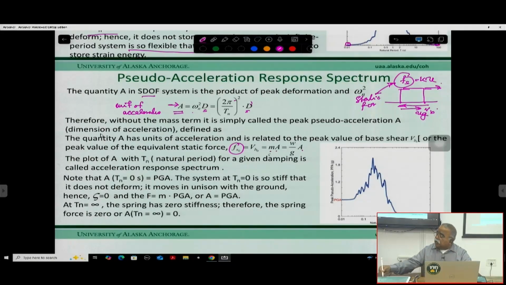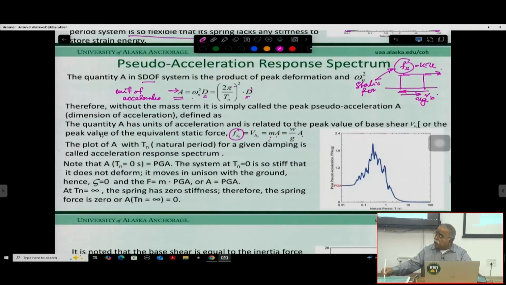Now, so if you plot this one, so at low period, that means at the zero period, whatever is the acceleration you get, so that acceleration is basically equals to your PGA.